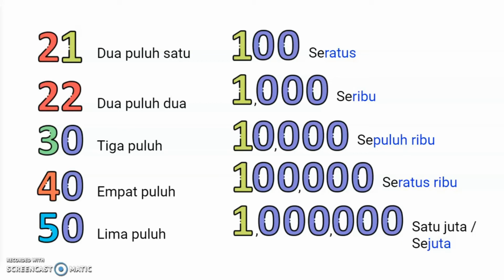Since 10,000 has 4 zeros, it is called sepuluh ribu. Do you see how that works? The same applies for 100,000, which is seratus ribu. As for 1 million, it is called satu juta. Or in less formal conversations, you can mention sejuta as well.